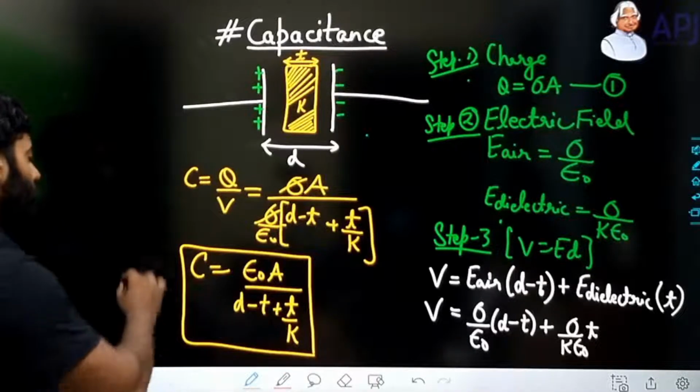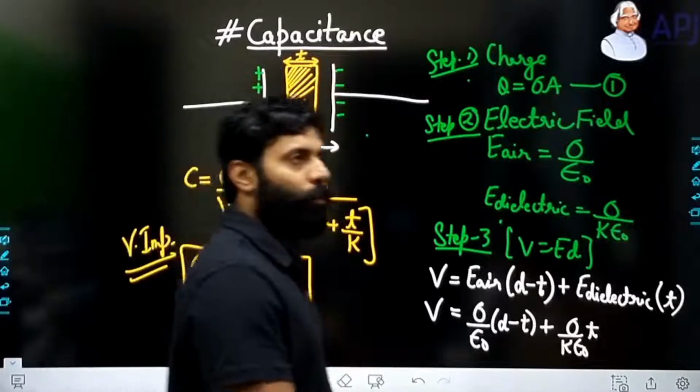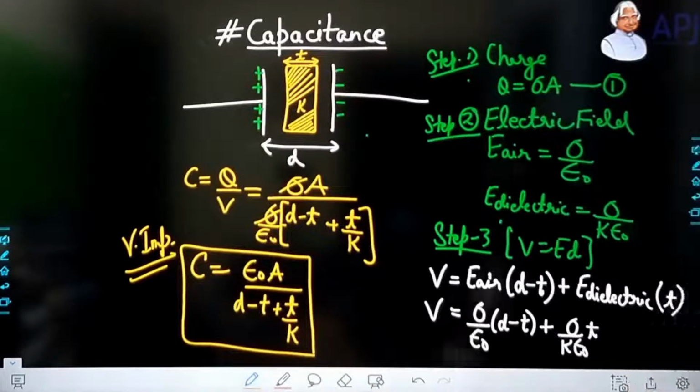This is a very important formula: C = ε₀A/(d − t + t/K).